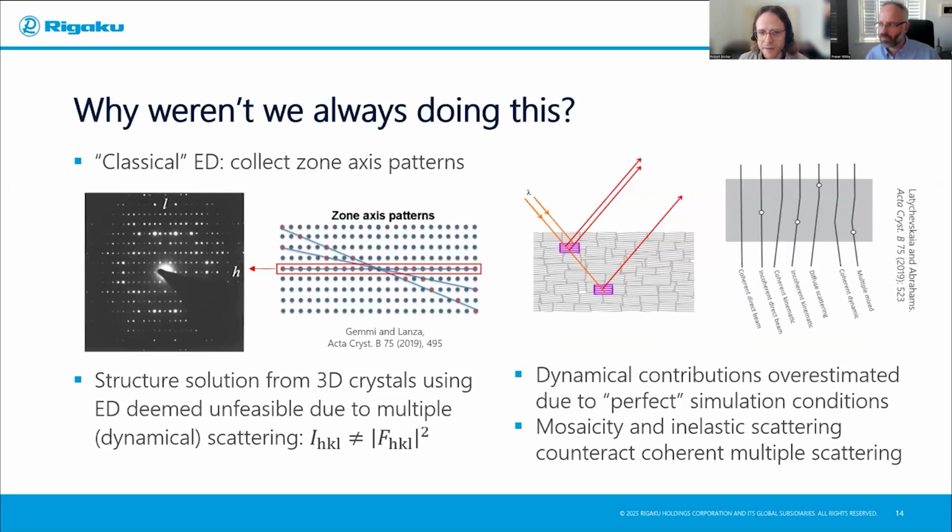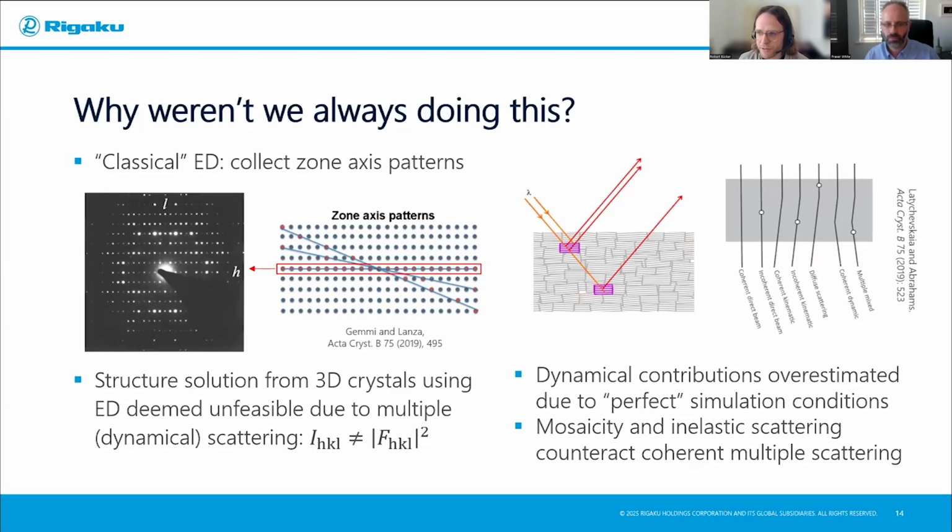Namely, a crystal that has absolutely no mosaicity. That means the diffraction from the entire crystal can interfere coherently, giving rise to strong dynamical effects, whereas in reality you have mosaic domains which diffract more or less independently. So the effective crystal size is smaller, restoring more kinematical conditions.